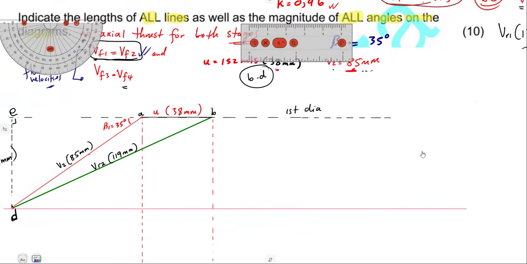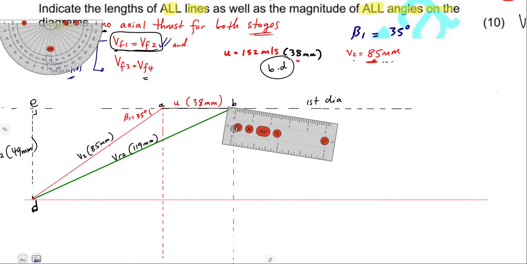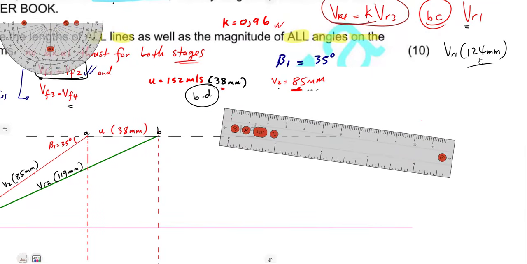But here I can simply use a ruler from point B. I'll be focusing on 124 millimeters.